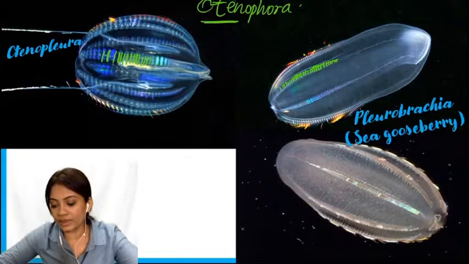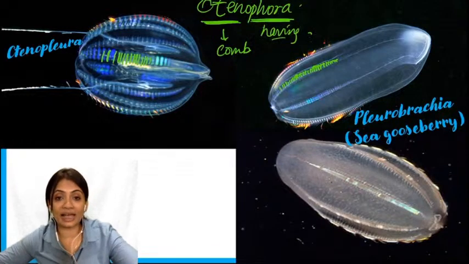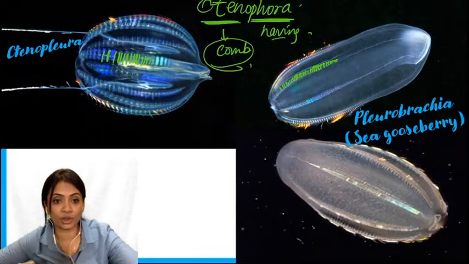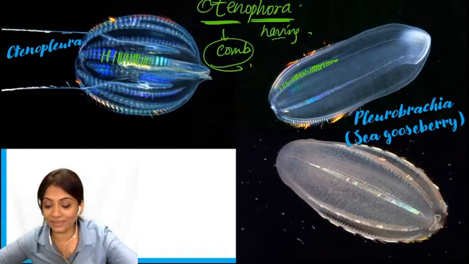Ctenophora: cten means comb, and phora means having. So these are animals which have comb-like structures, and because they have comb-like structures, they are called Ctenophora, and this is how it looks.